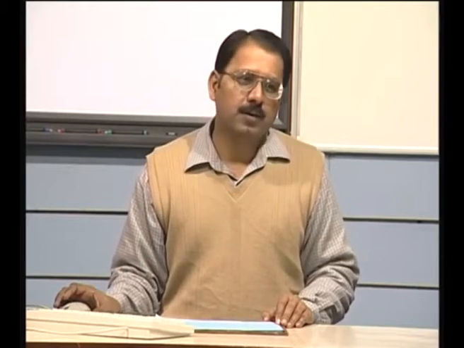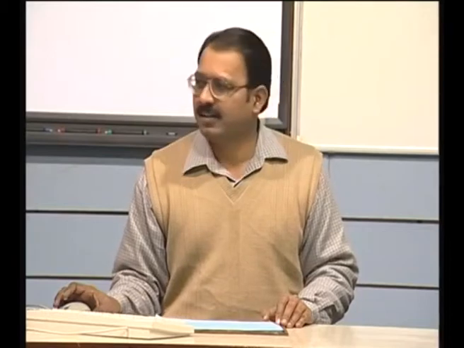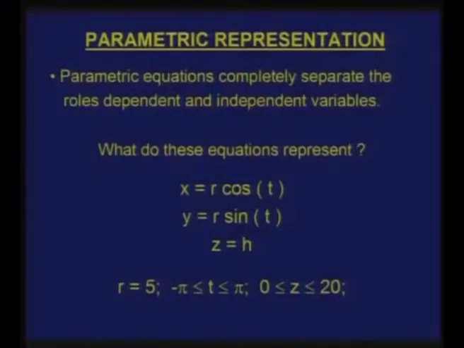Instead of these 2, I could have chosen some other combination also. What happens if I vary the other 2 variables, instead of t and z, suppose I vary t and r, and I keep z fixed?